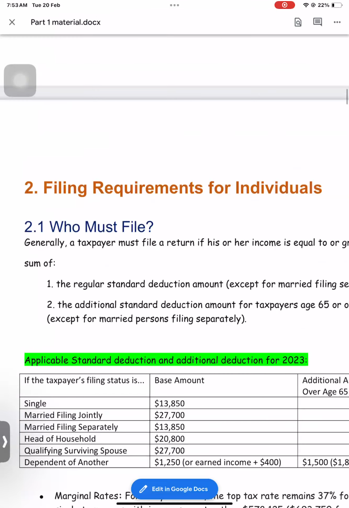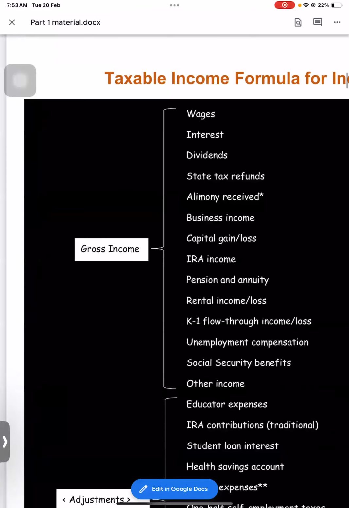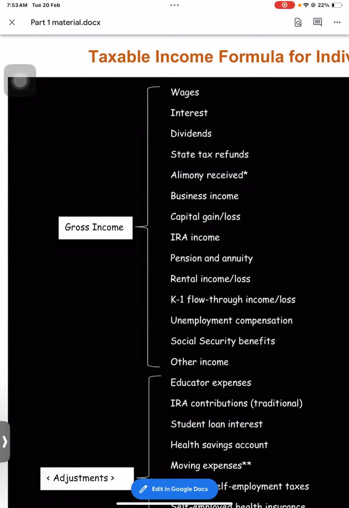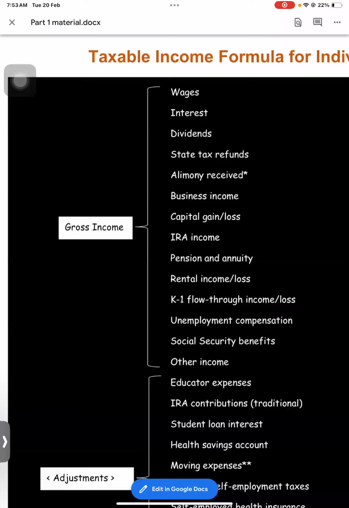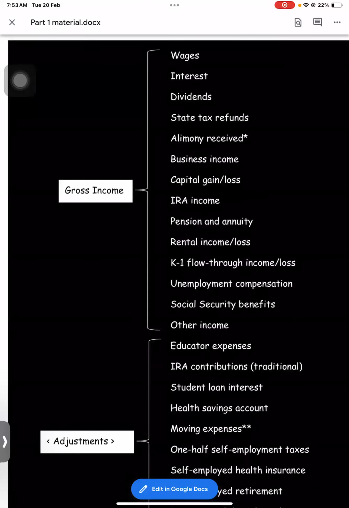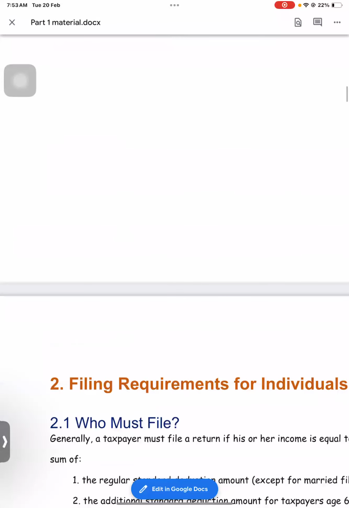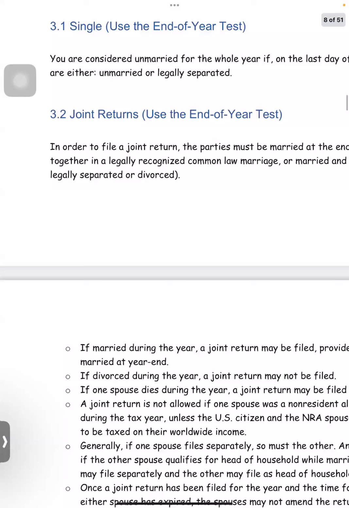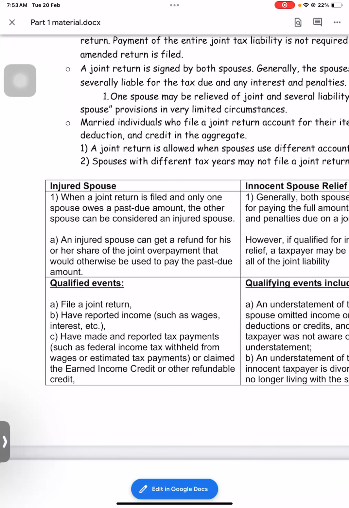At least the refund should come from this gross income. Then the third qualification is simple: they have made a reported tax payment. Actually, the payment should be done to get the refund.